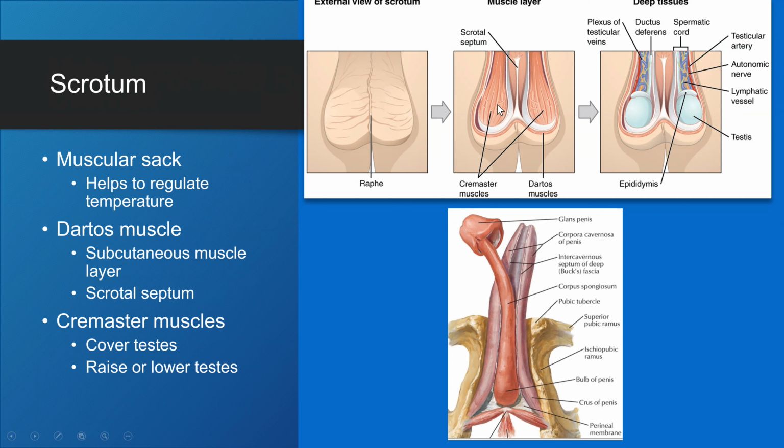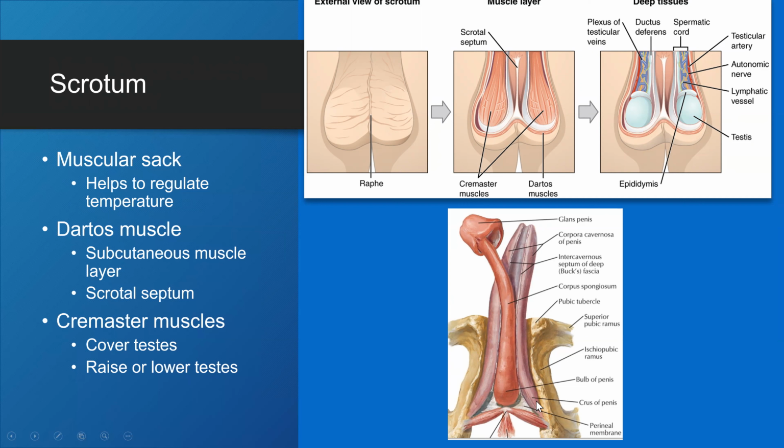The cremaster muscle covers the testes and raises or lowers them. These muscles are used to regulate temperature, because when it's cold, the muscles contract and bring the testes a little closer to the body. When it's hot outside, the muscle relaxes and takes the testes away from the body. Your body pretty much warms them up when you bring them close, so that's how you regulate temperature.